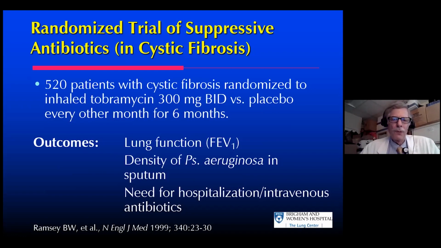Here they gave tobramycin 300 milligrams by nebulizer twice a day versus placebo. They did every other month, try it 1 month on, 1 month off, hoping to forestall the emergence of resistant pathogens, resistant Pseudomonas. And they monitored lung function, the density of Pseudomonas, and the frequency of exacerbations.